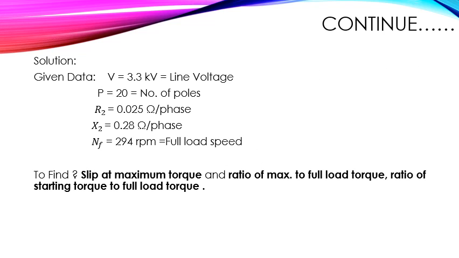The given data: V is 3.3 kilovolt and it is the line voltage, number of poles 20, rotor resistance per phase is 0.025 ohm, standstill reactance is 0.28 ohm per phase and the full load speed is 294 rpm. What we have to find here? We have to find the slip at maximum torque, the ratio of maximum to full load torque, and as well the ratio of starting torque to full load torque.